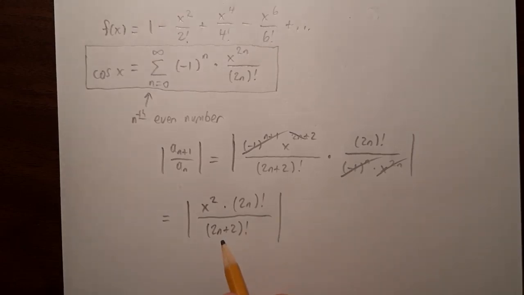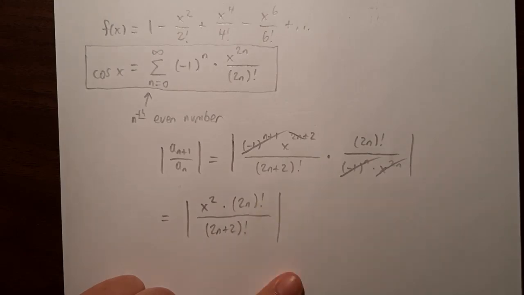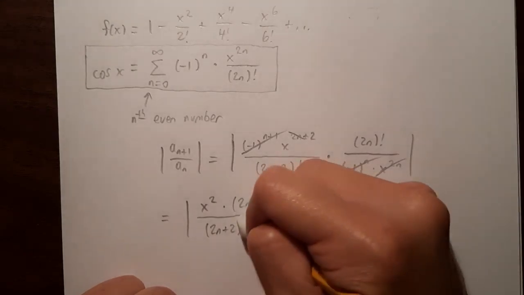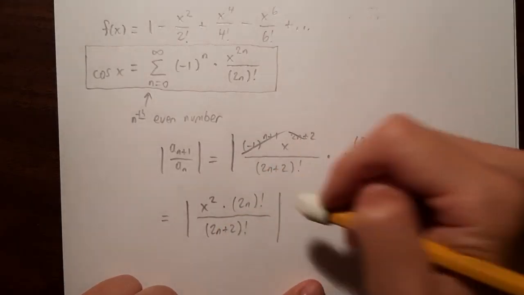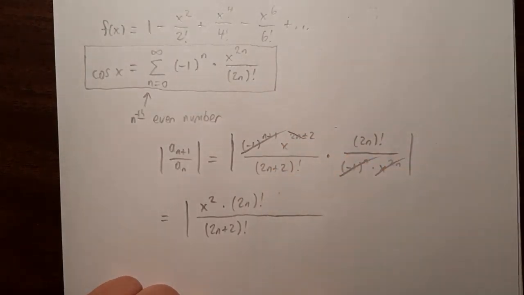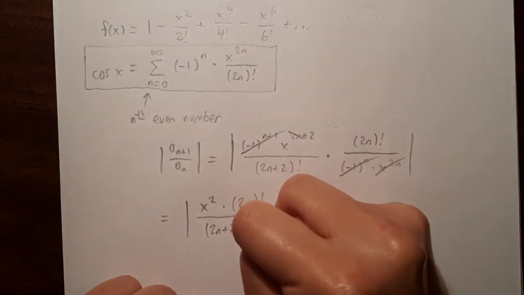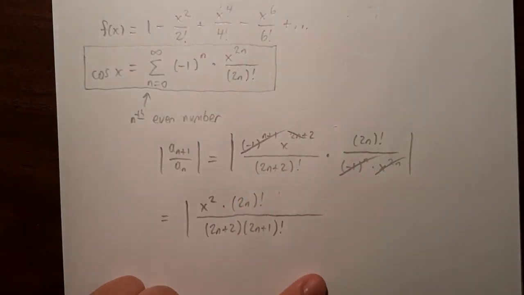All right, so how do I cancel 2n plus 2 factorial with 2n factorial? I think this one is clearly the bigger product, right? This is multiplying all of the integers from 1 up to 2n plus 2 together, which is more integers being multiplied than just this one. So let me expand this one out a little bit. I can break this apart into 2n plus 2 times 2n plus 1 factorial if I wanted.